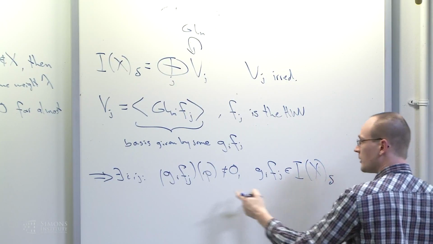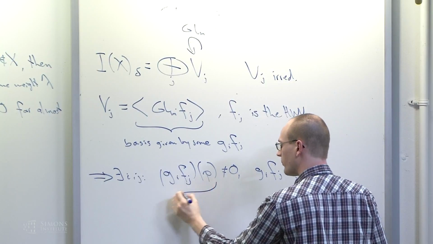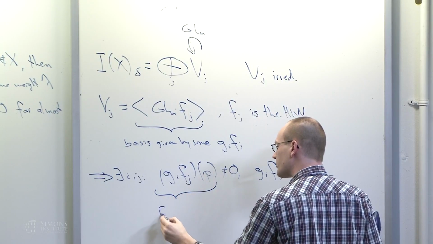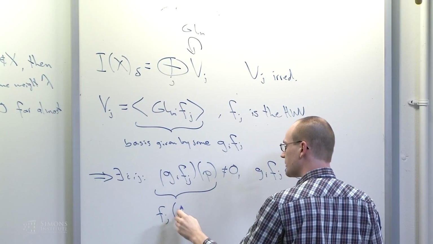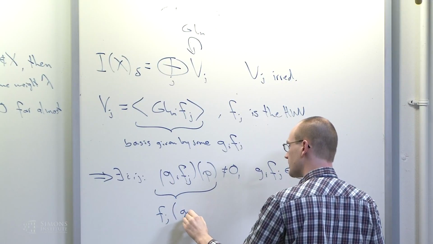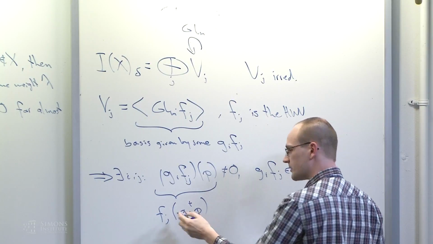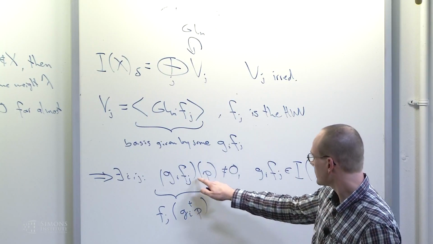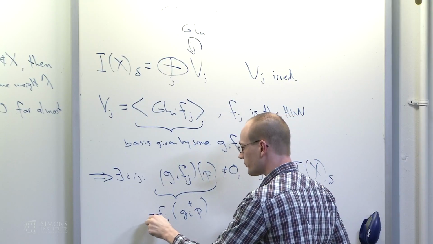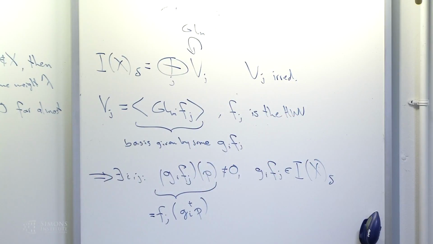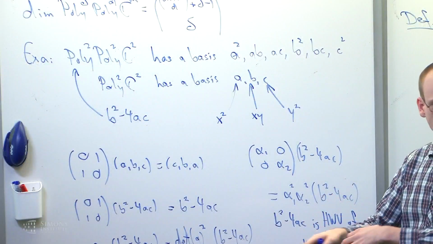And this proves it, because this is the same as Fj applied to, the way that we defined this, you put a transpose here for technical reasons. When we defined this action, I didn't say this, but you basically defined the action on your polynomials via the action on the coefficients.